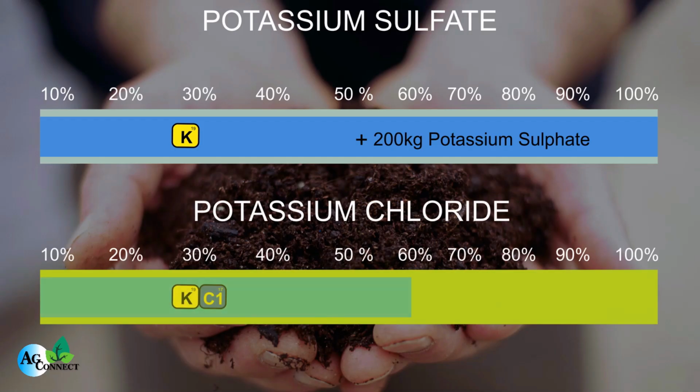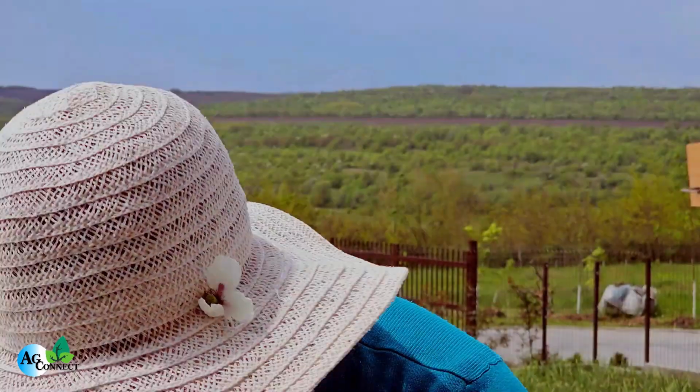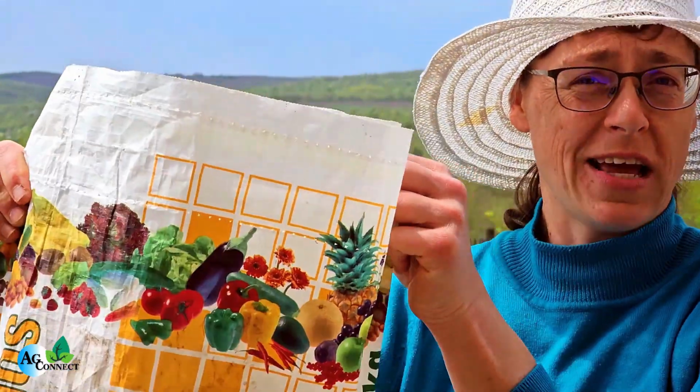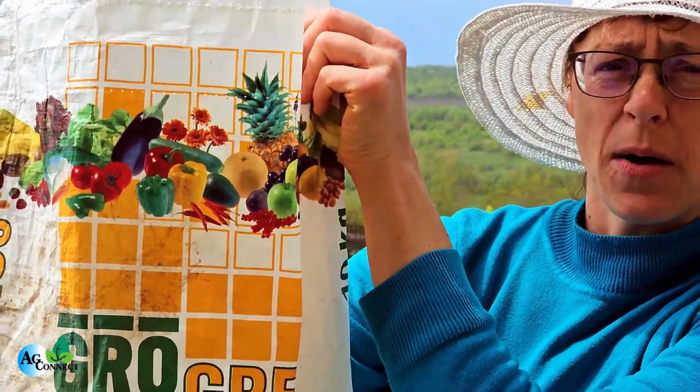Potassium chloride is 60%, so we could probably get away with 150 kilograms. Make sure to do these calculations and not just assume that a potassium fertilizer is 100% potassium, or vice versa, nitrogen fertilizer. But synthetic fertilizers have a specific composition, they're easy to handle, and they can be applied during the growing season for things like vegetable crops.